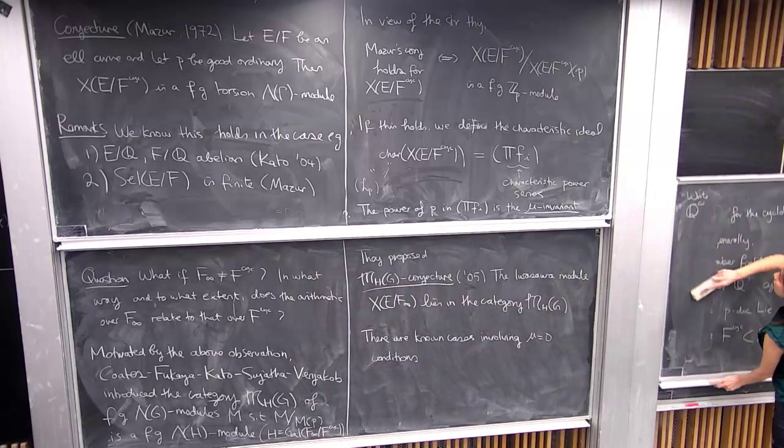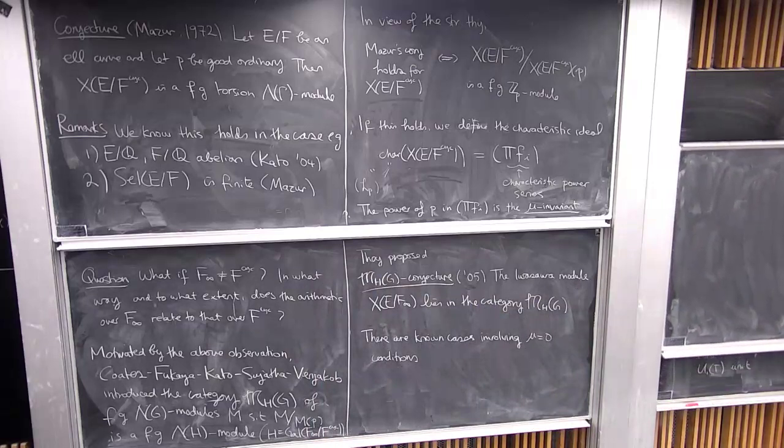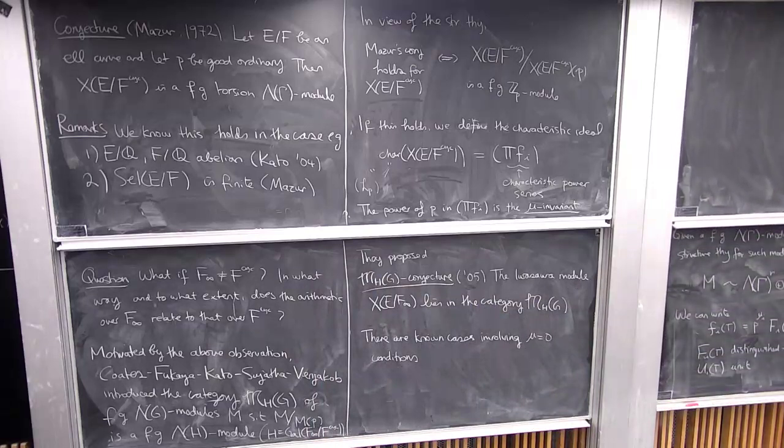I'll start. Now my F is going to be a global function field. While I'm writing, feel free to ask questions. Because this MHG conjecture, you can also define it, or state it in terms of abelian varieties and also over global function fields.